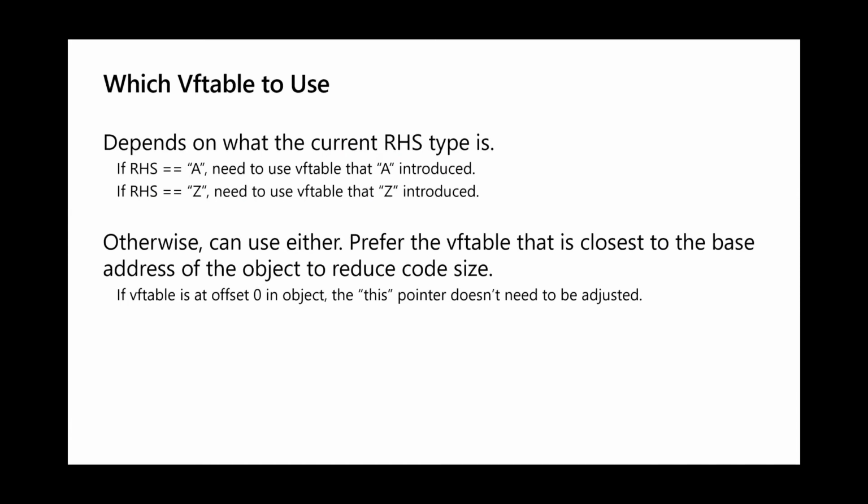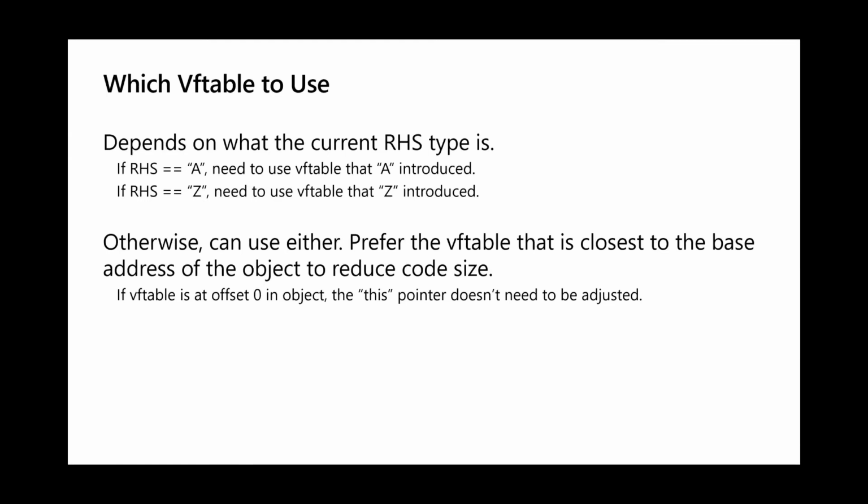If your right-hand side type is an A object, then it's only guaranteed to have 1 vtable. And so that's the vtable that you need to do your cast checks with. And if the right-hand side type is a Z object, again, it's only guaranteed to have 1 vtable. It might have more than 1 vtable, but it's only guaranteed to have 1 because it's a Z. And if it is anything else, if it's a B or a C or a D or any of these objects that do have multiple vtables, then you can use either vtable.